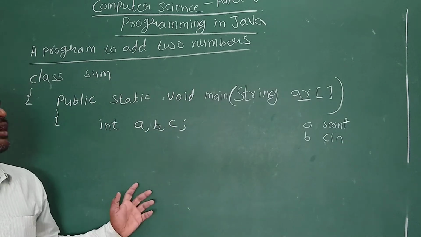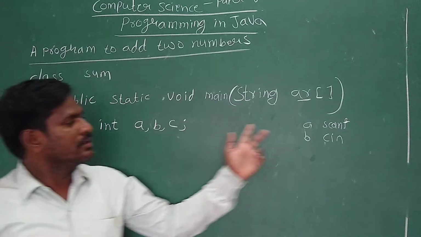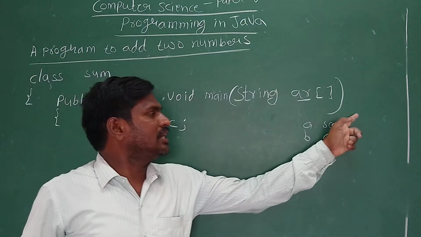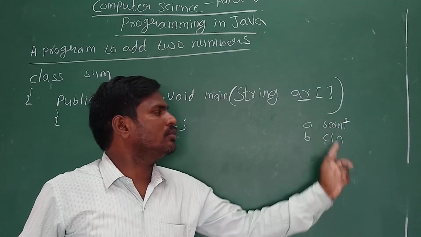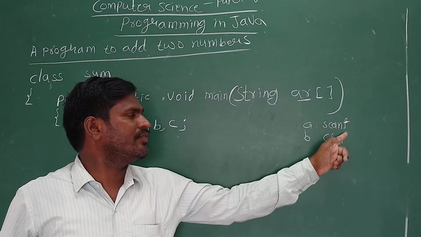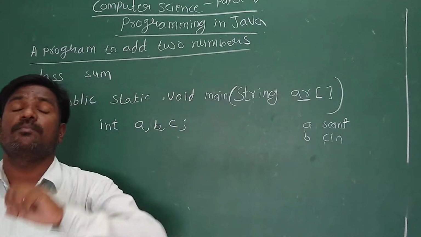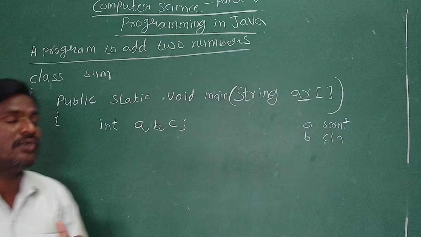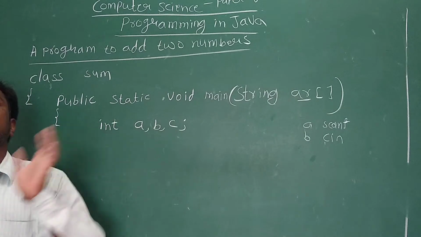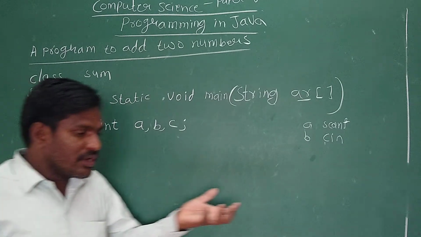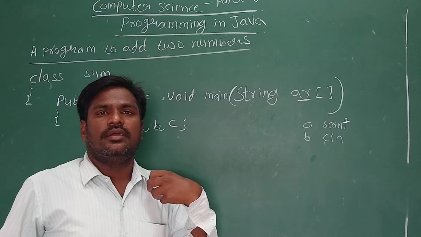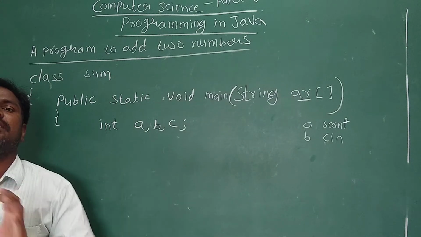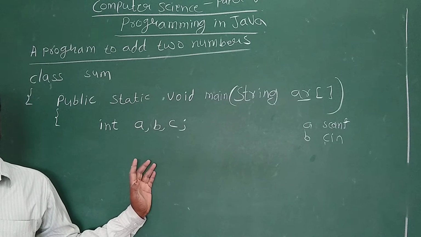But in Java, there is no such function. In C language, scanf and cin both use the concept of pointers to read the values. But we already studied that Java does not support pointers. So reading integer values directly is not possible in the Java programming language.